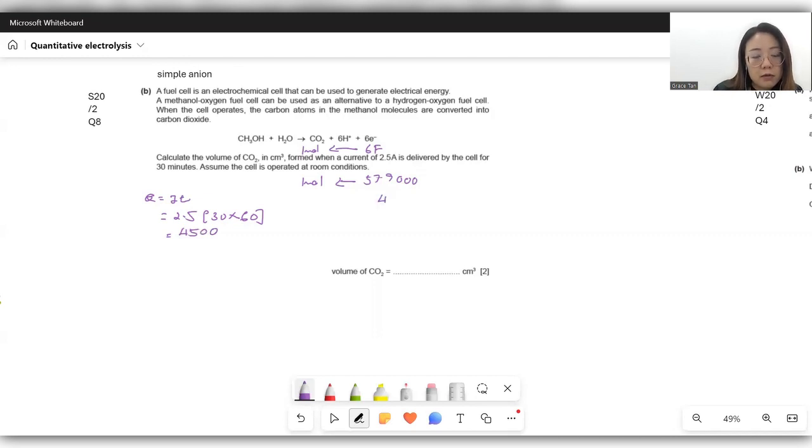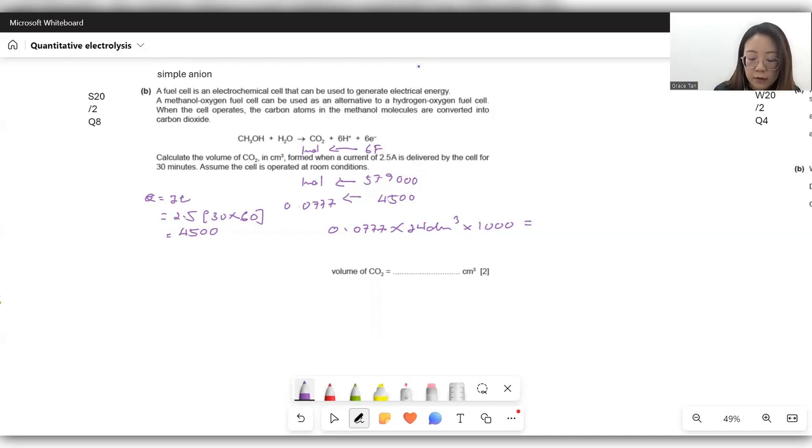So 4,500 quantity of charge is how many moles of CO2? You only managed to liberate 0.0777 moles of CO2 gas. Given the mole, you can calculate the volume. So 0.0777, you times 24 dm cube and times 1,000 to convert it to cm cube. Correct?